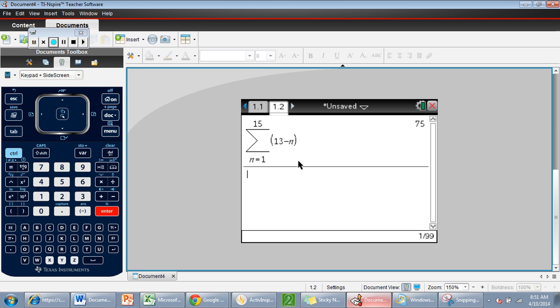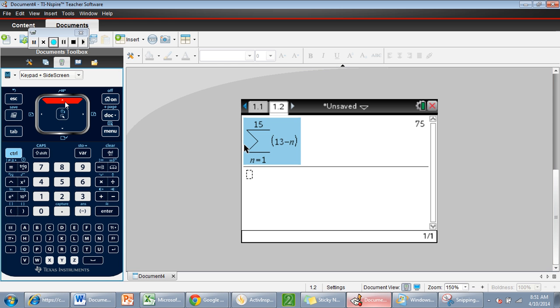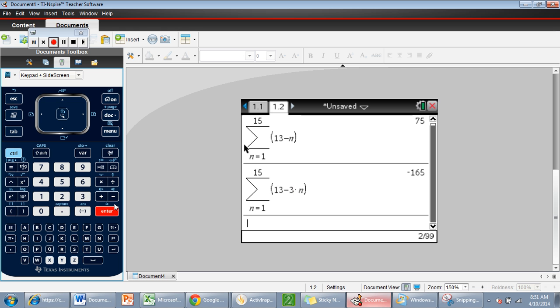And I can see here I made a mistake. I did not want to do 13 minus n, I wanted to do 13 minus 3n. So I need to make sure that I correct that so that I get the right answer. And now I've corrected that: 13 minus 3n, 1 to 15. And so the correct answer here is negative 165.